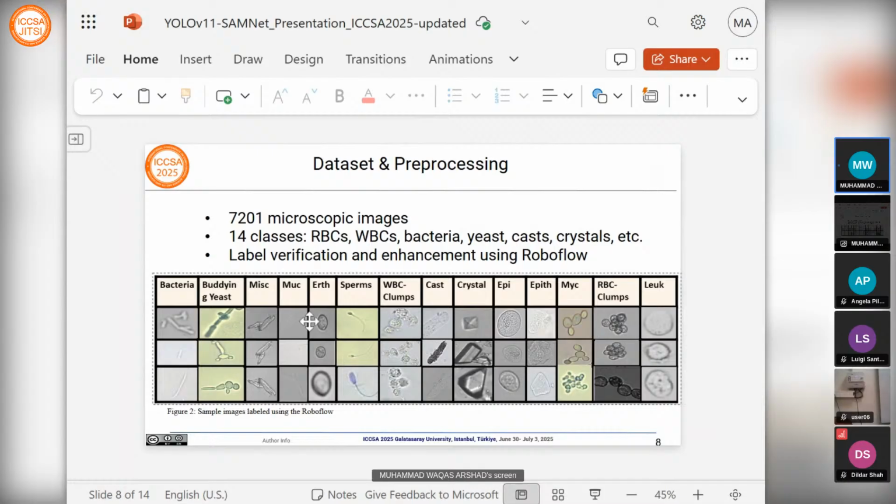If you see, these are the sample images. Every particle varies in terms of shape and size. To ensure data accuracy, all images underwent a stage of label verification and an enhancement process using the Roboflow platform.